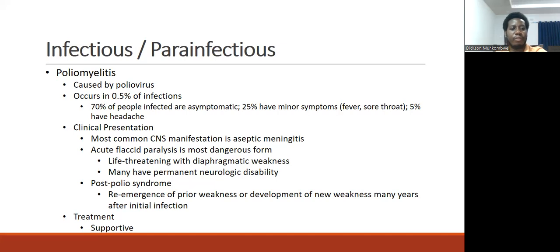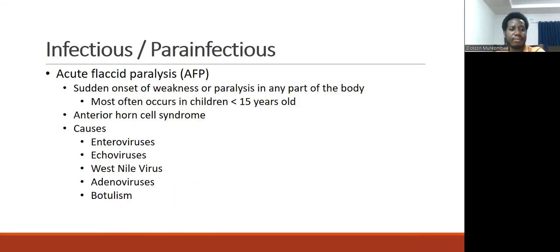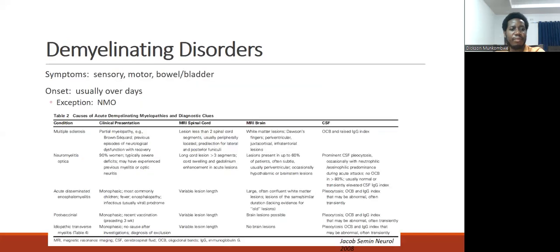So we talked about poliomyelitis previously as a presentation of acute flaccid paralysis. Then we now come to the other differential of spinal cord disorders in the etiological categories, and this is demyelinating disorders. So here, patients present with sensory motor symptoms as well as bowel and bladder involvement, and the onset is usually over a few days, with the exception of neuromyelitis optica, that's NMO.